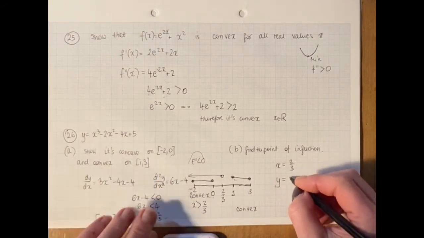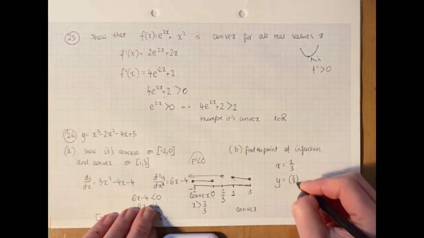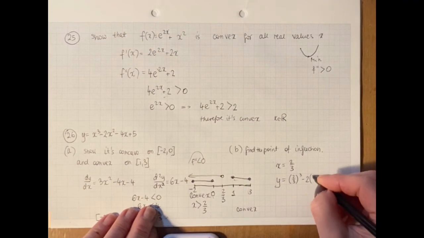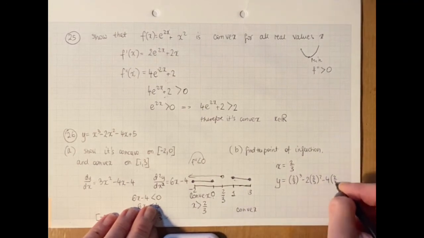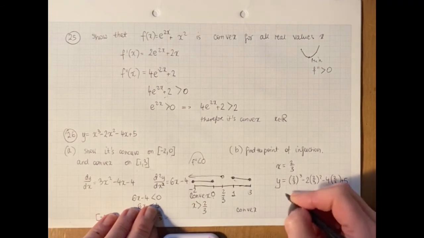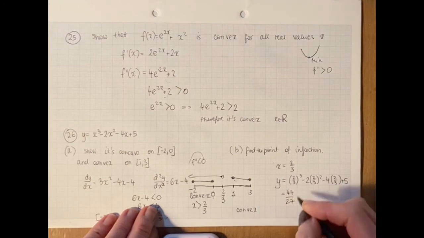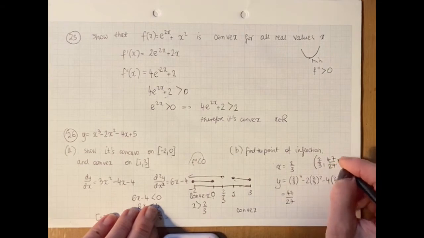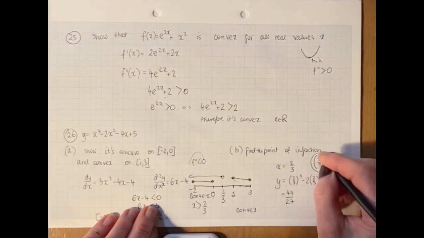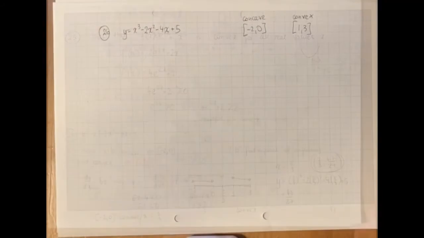Substituting 2/3 into the y function, we get 47/27. So it's 2/3 and 47/27. There you go.